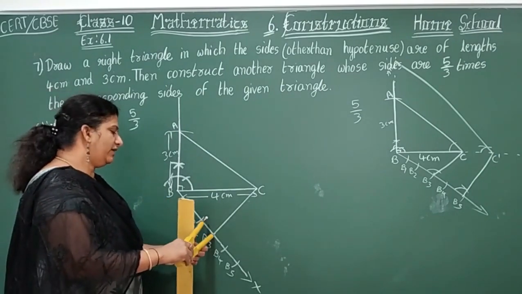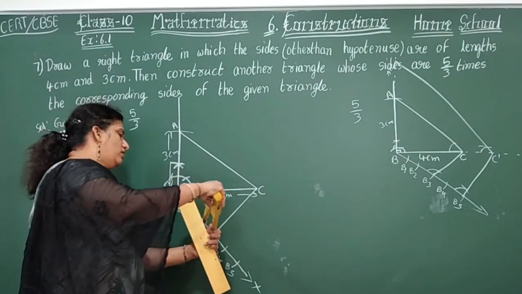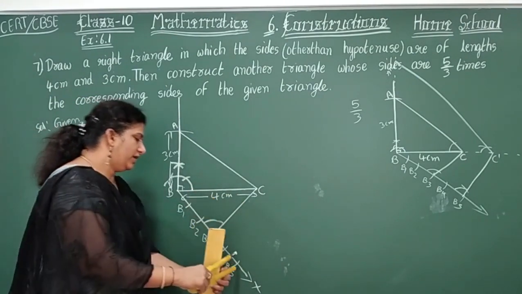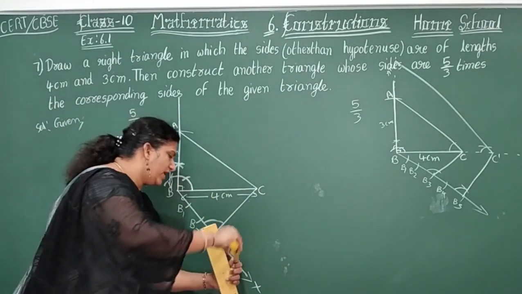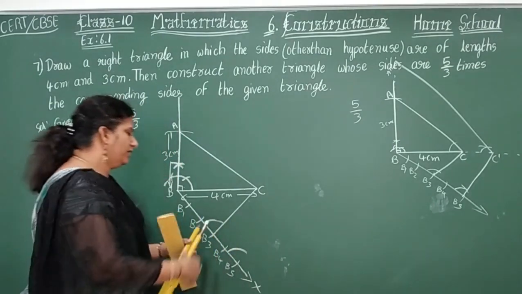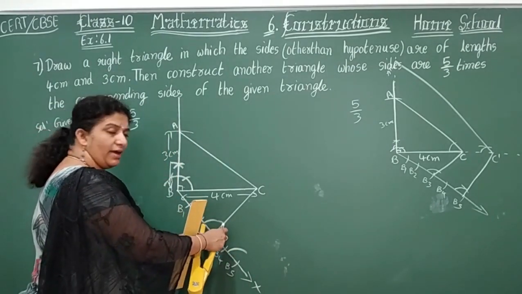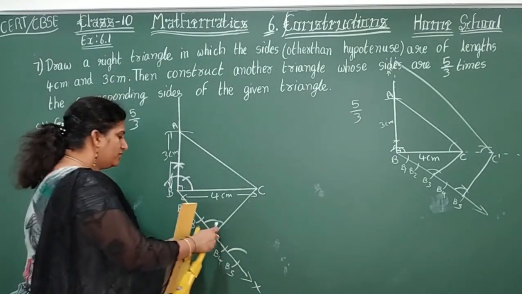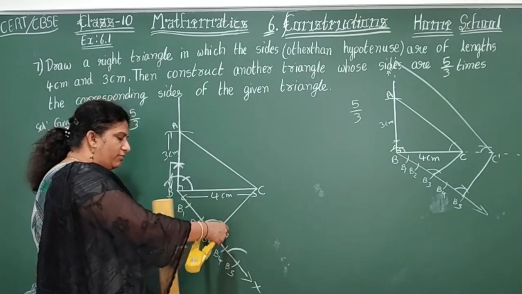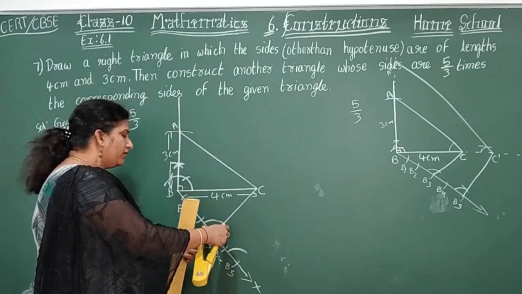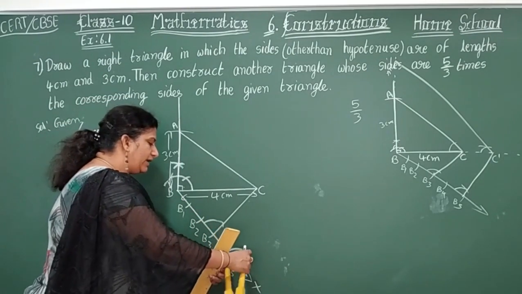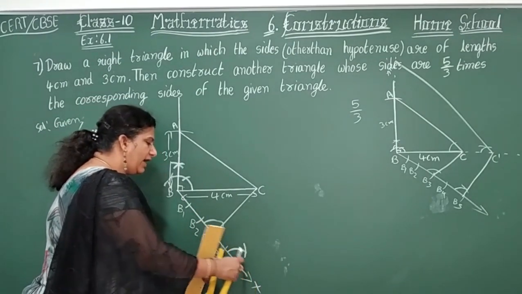So what is that? Arc. Then again from B5, arc. Now see, I'm moving, I'm measuring this, right? So from here to here, I'm not measuring from B3. Measure and then again cut that.